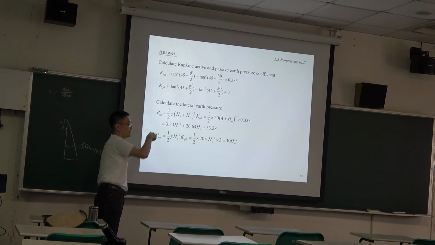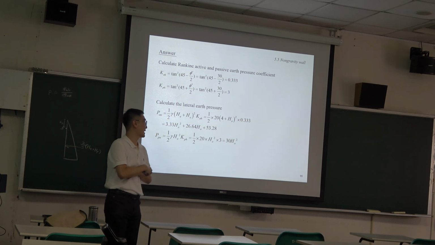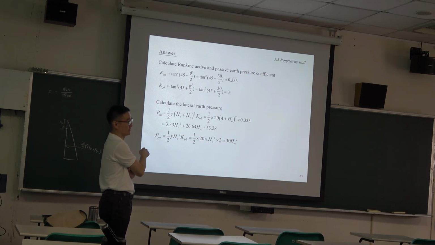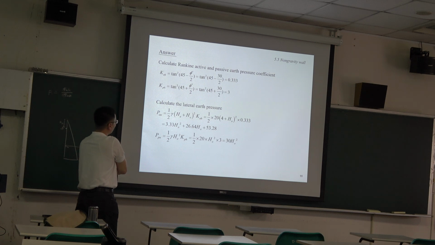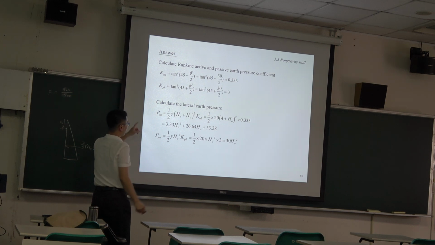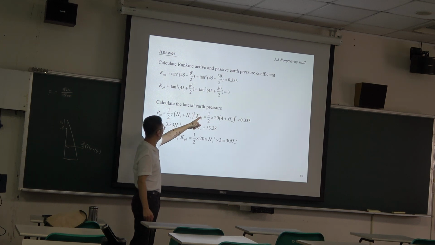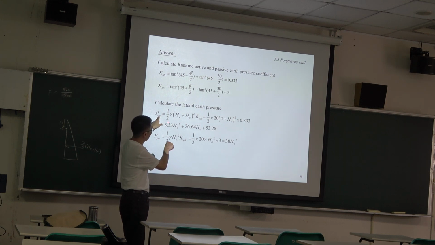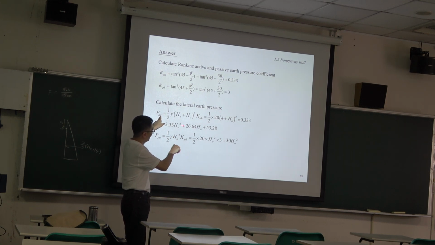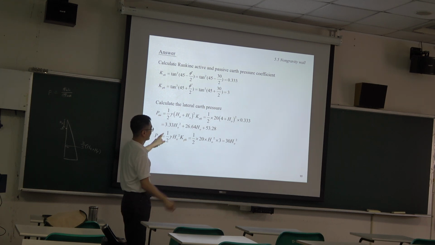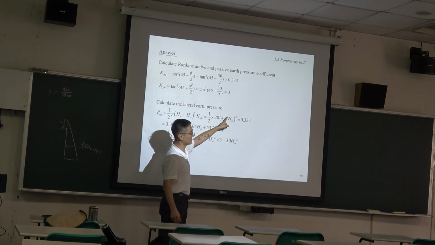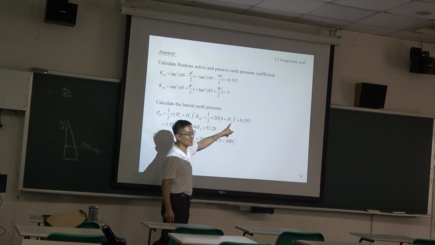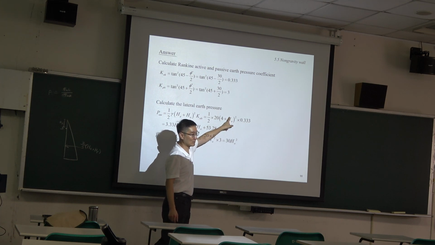We can work out KAH and KPH, so we know the lateral earth pressure coefficients. Then the lateral earth pressure calculation for the active upper part: we follow this equation. But O is the turning point, the turning depth, and we don't know HO.